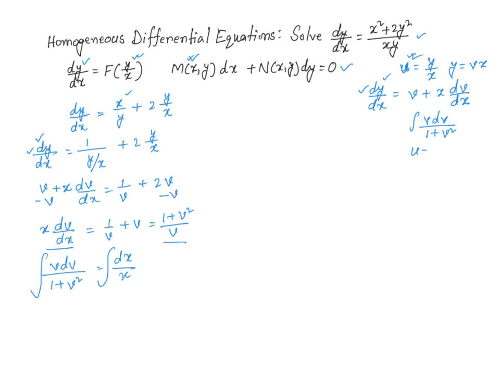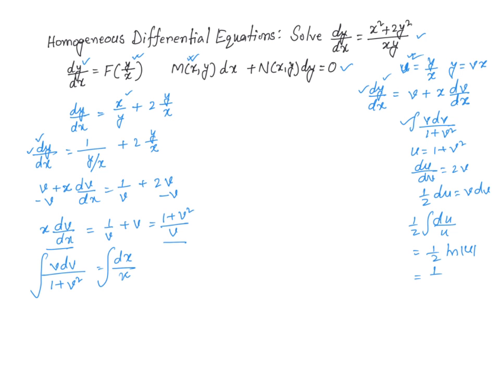Let's say u is equal to 1 plus v squared, then du over dv is equal to 2v, or 1/2 du is equal to v dv. I substitute it here, and that gives me 1/2 integral du over u, which is 1/2 ln of absolute value of u, of course.